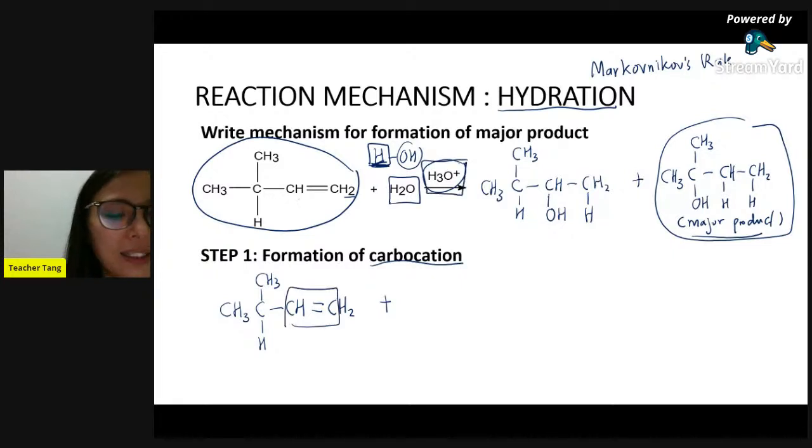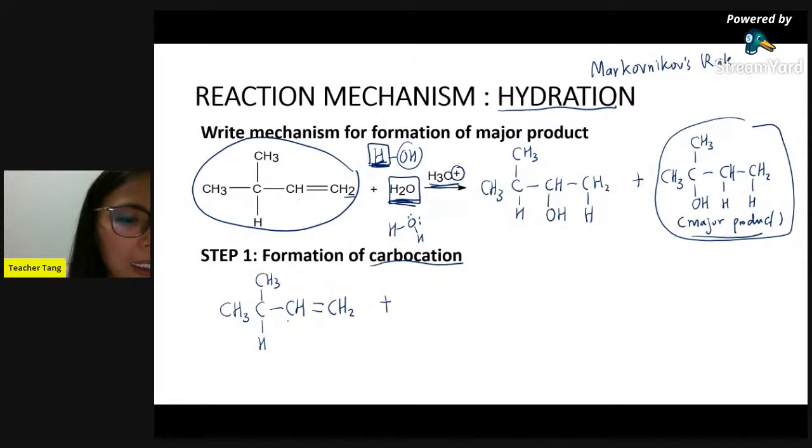Kaya kena react dengan miskin. So between water and H3O+, siapa miskin? Water kaya sebab it has 2 lone pair. While H3O+ is poor in electron. How do we know it is poor in electron? Tengok the charge positive. So it is positively charged. Therefore, dia miskin electron. So your alkene carbon-carbon double bond need to react with H3O+, sebab miskin electron.